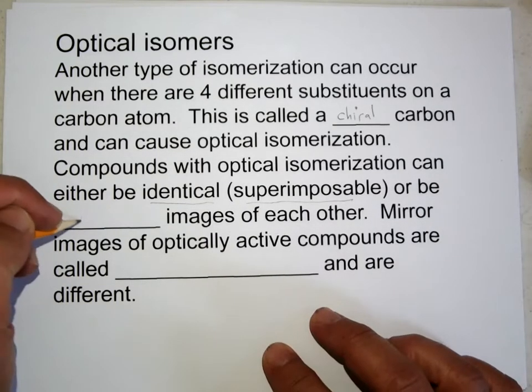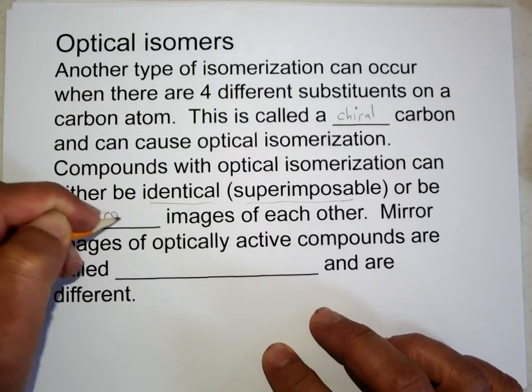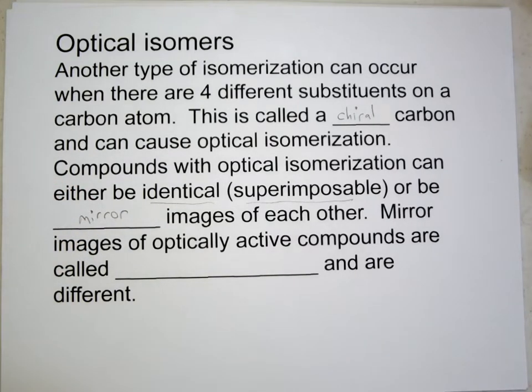Or they will be mirror images of each other. So if something's got a chiral carbon and is optically active, it will either be identical to another compound or it'll be a mirror image of the other compound.